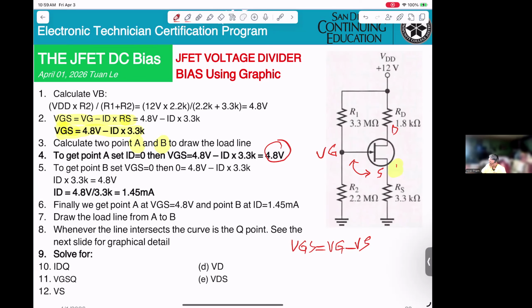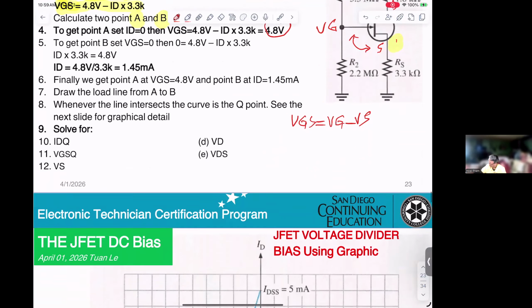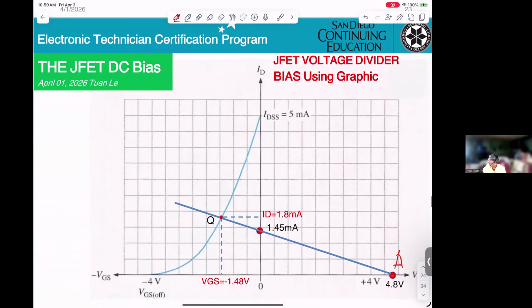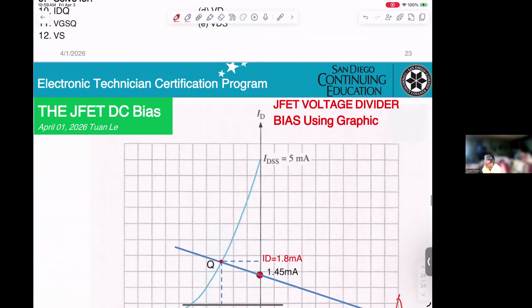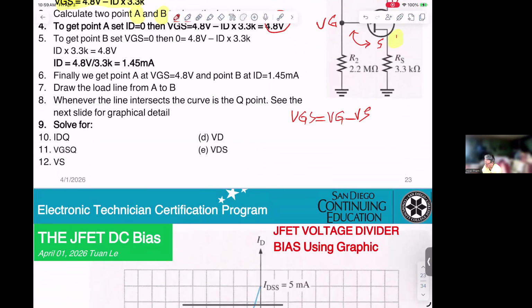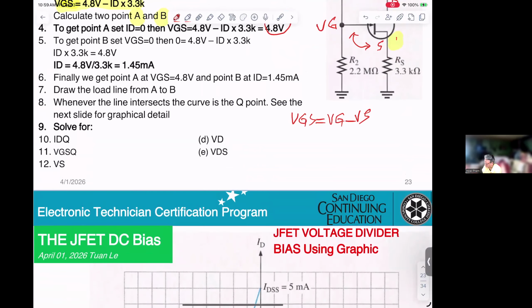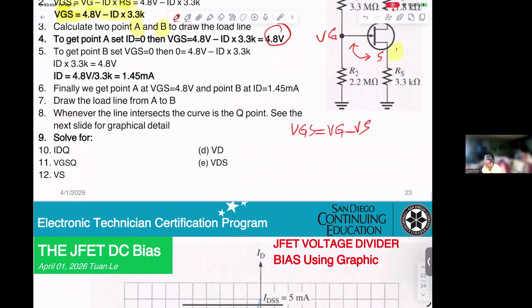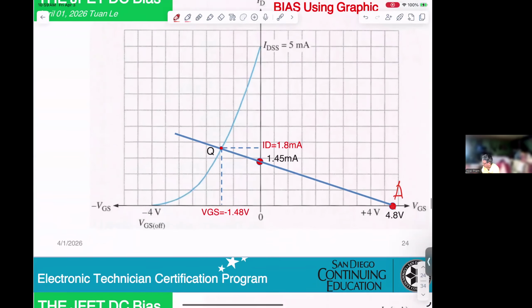That means point A is right here. VGS equals 4.8.